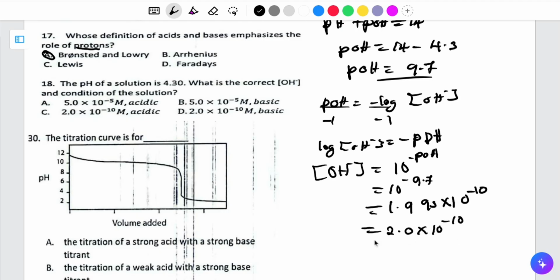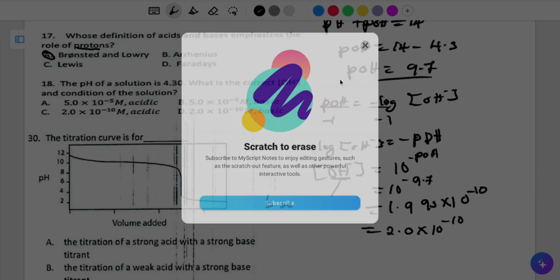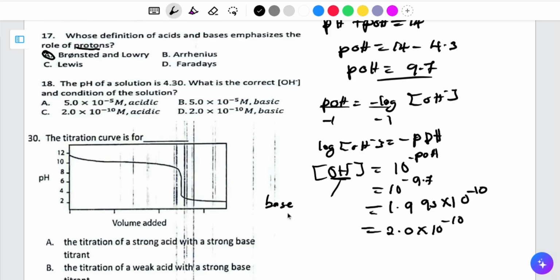Most of the time hydroxide focuses on bases, and we know that bases have a pH greater than 7. So greater than 7, that is the base. Then for hydrogen ions, this focuses mostly on acids. So since we're talking about hydroxide, this one is going to be a base, and we know that a base is basic. So our answer is just going to be D.